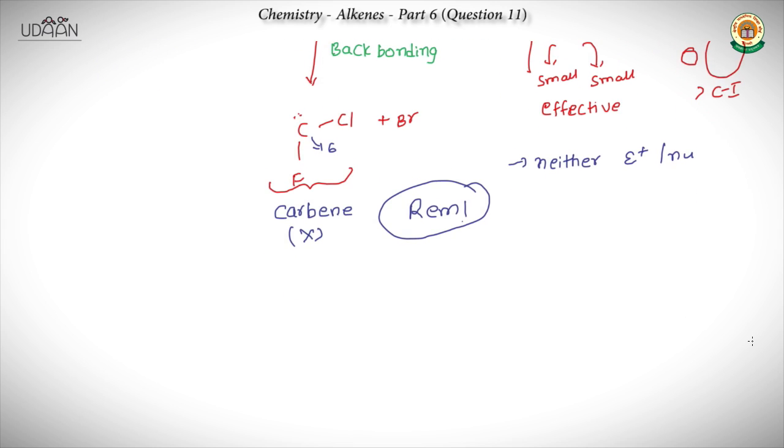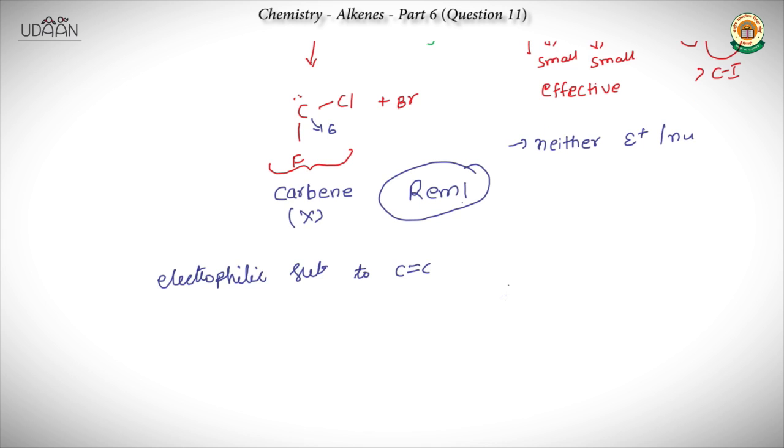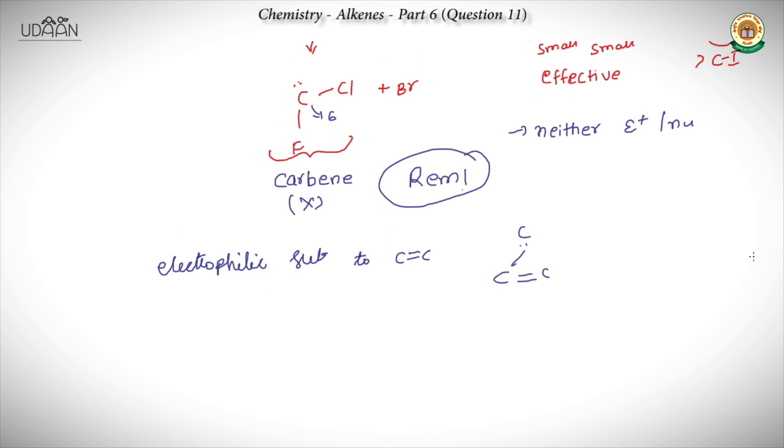Yeah. Now let's do the second part of it. I already told you that this carbene is neither an electrophile nor a nucleophile, and it undergoes electrophilic substitution to C double bond C. That is, it acts on this. Now let's see what happens actually.